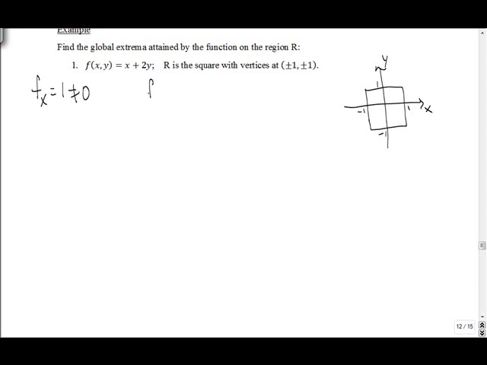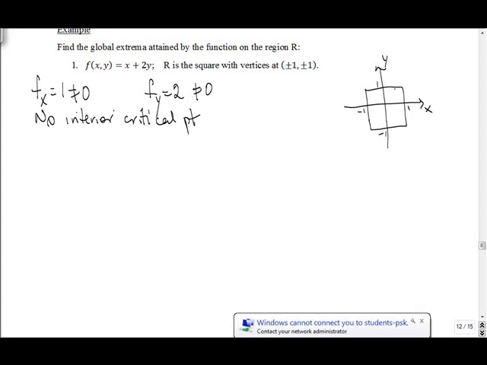What about fy? It's 2. That cannot be 0. So there is no interior critical point. So that's an easy one. So nothing is happening on the interior. So the next thing, after you have done that, check the boundary.